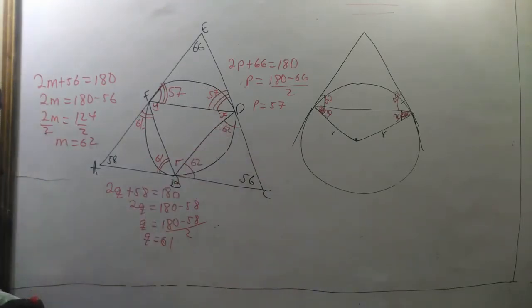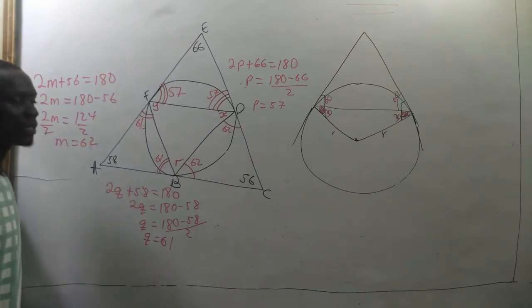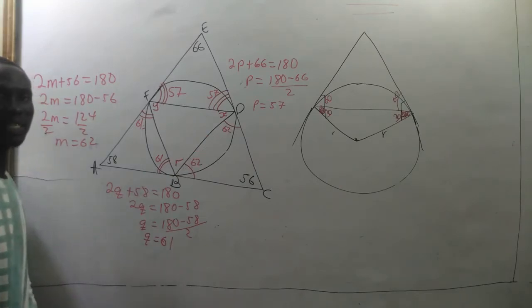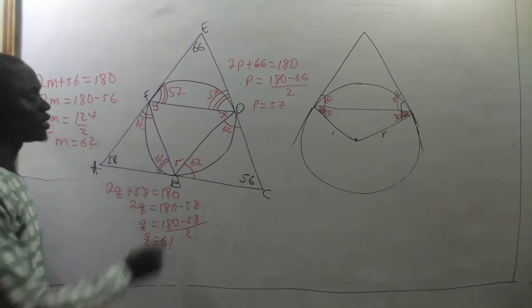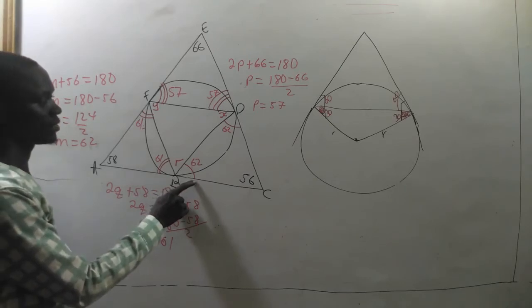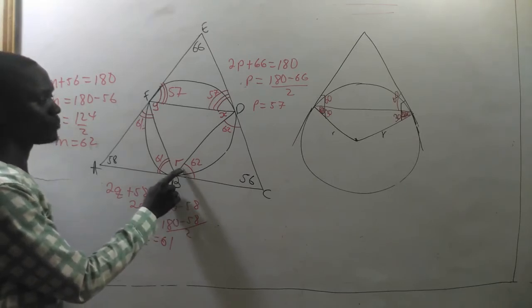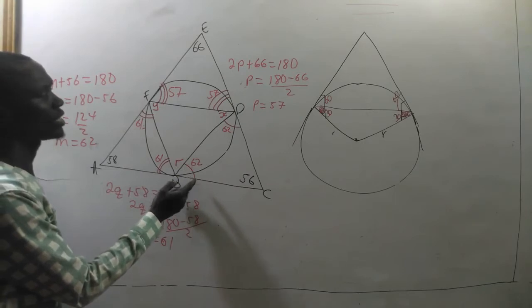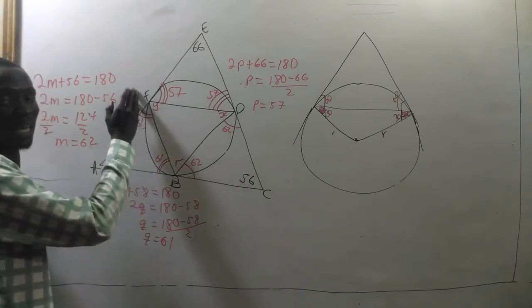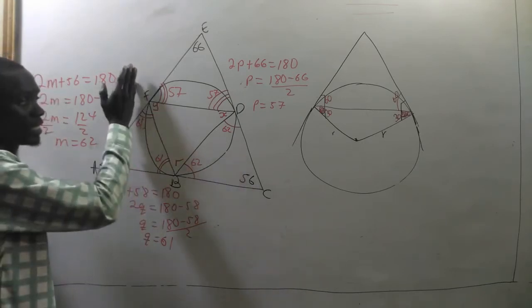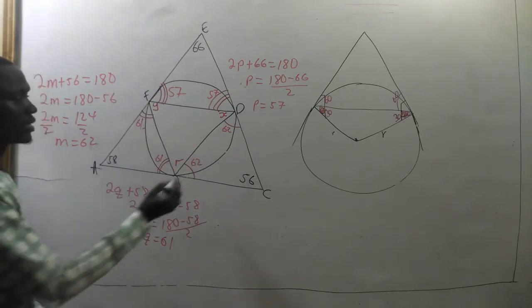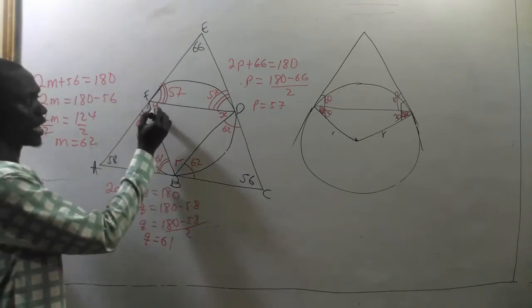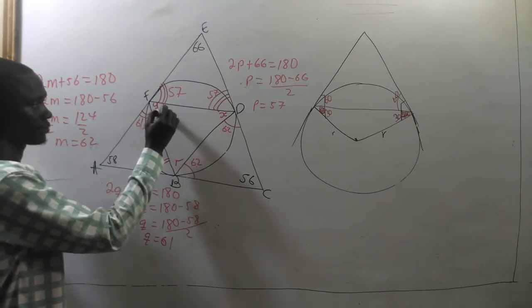Now, we know from the alternate segment theorem that the angle between a tangent and a chord at the base of the chord is equal to the angle in the alternate segment. So here, the angle 62 is equal to the angle Y here.